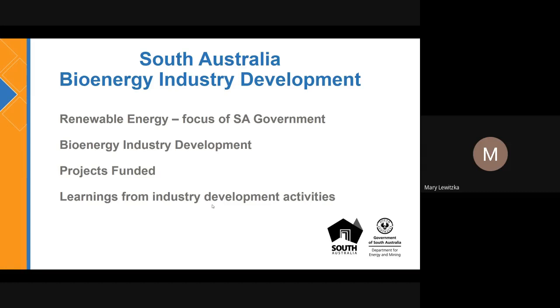We'll look at some funding, both for the bioenergy roadmap and some renewable energy funding that has been accessed by bioenergy projects, and then at the learnings from what we've done so far over the past 4 or 5 years. So let's have a look.